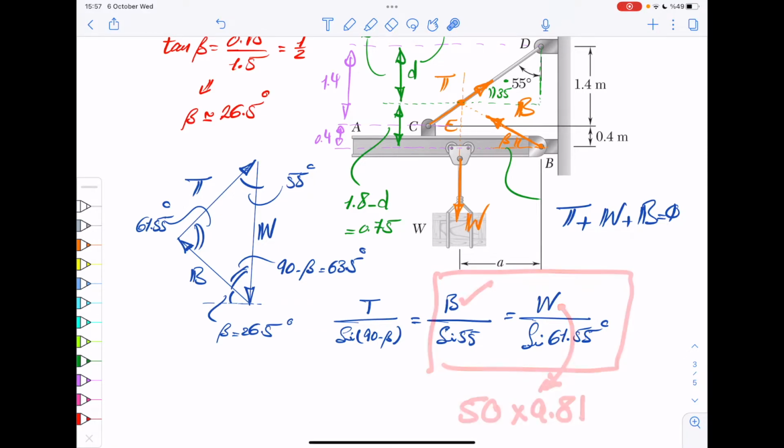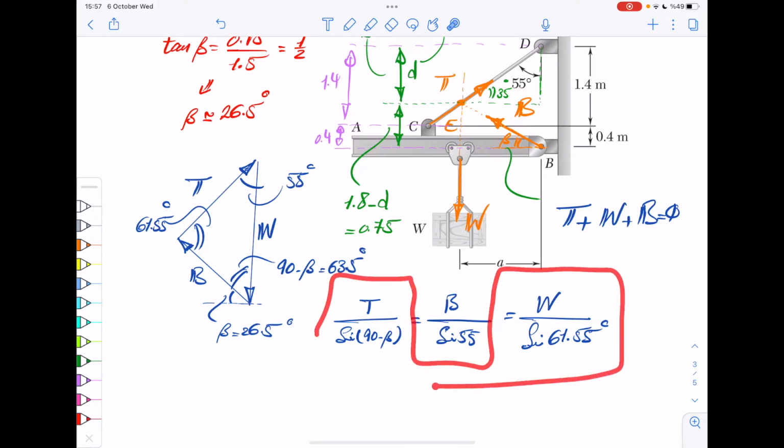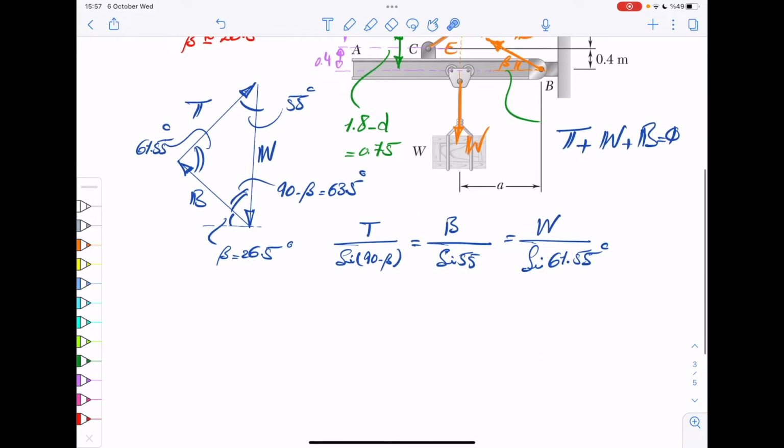So from that one, you can calculate B, and then from this one, you can calculate T. So if you do that, you would have T equals, let's say, 499 almost, and B equals 457 almost. All right?